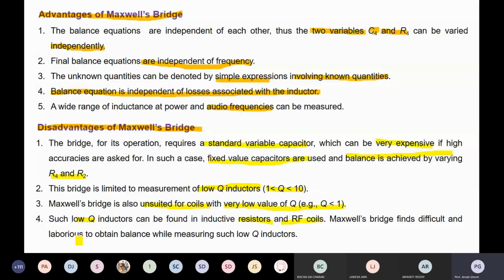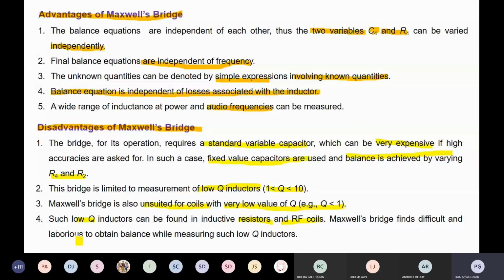For that, we use the Hay bridge. You can see the figure of this Hay bridge. The Hay bridge is a modification of the Maxwell bridge. In the Maxwell bridge, C4 is in parallel with R4, but in this case C4 is connected in series with R4.